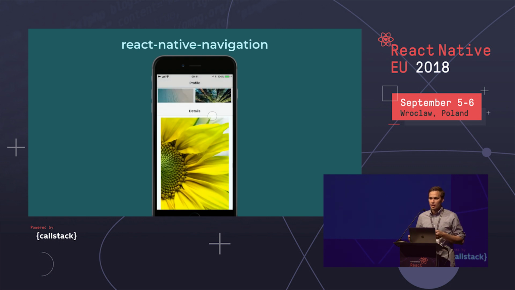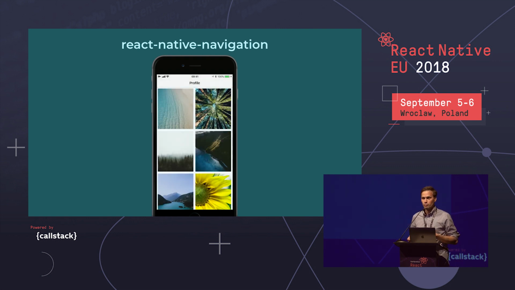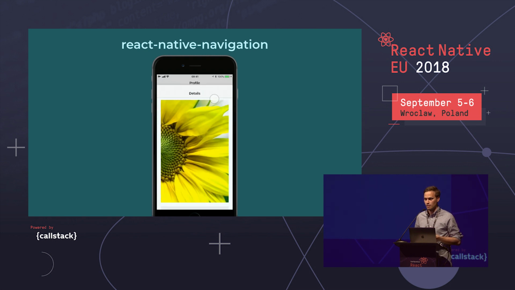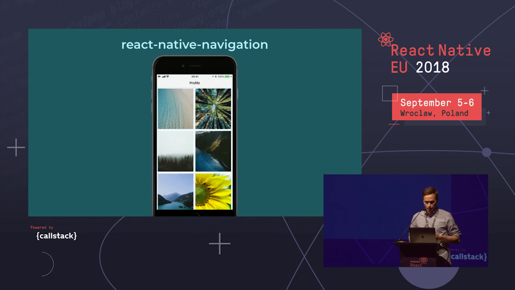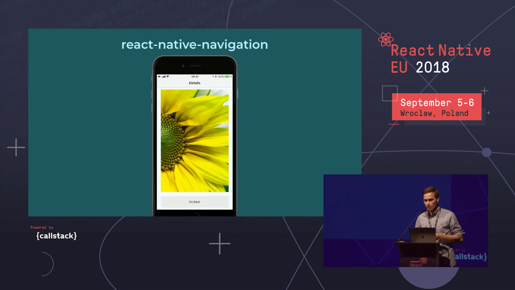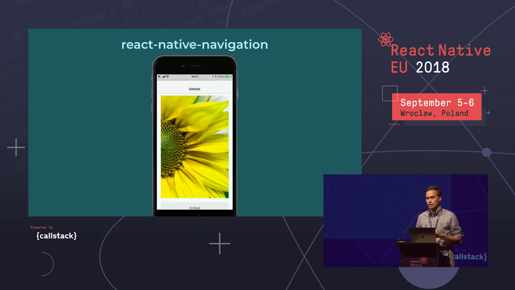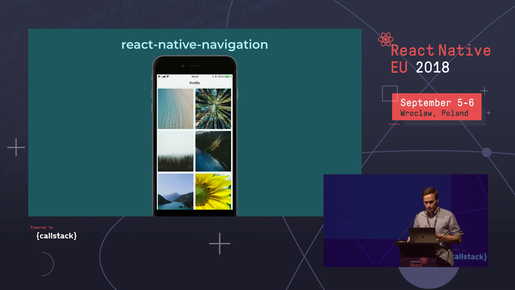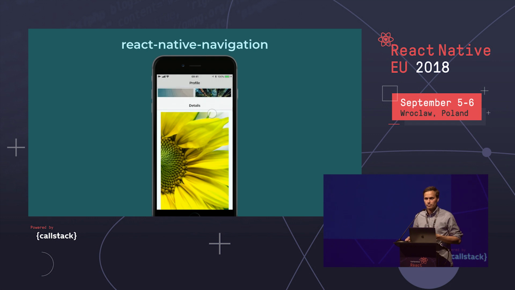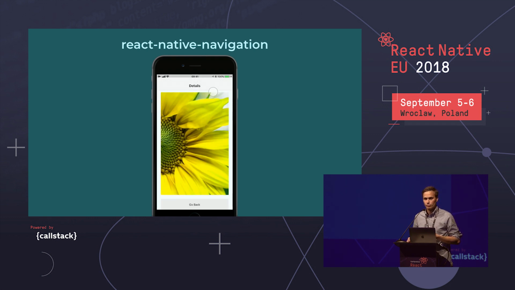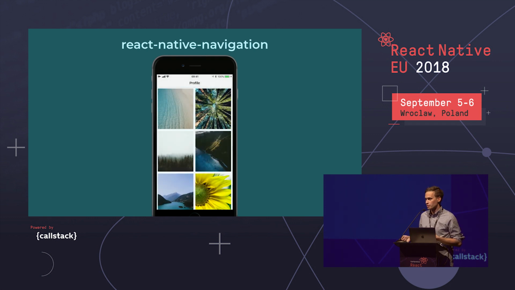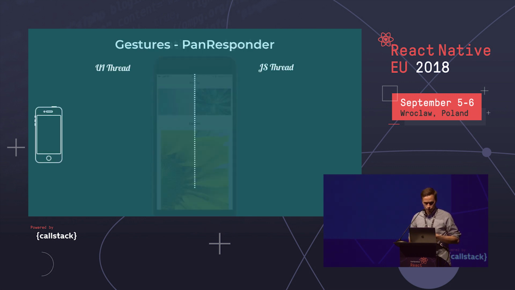But as you can see, gestures are an inseparable part of the navigation experience, right? And we also struggle with gestures in NavigationExperimental. The problem with gestures was very similar to what we experienced with running animations and making them run smoothly. And the source of the issue is the way the touch system has been designed in React Native.